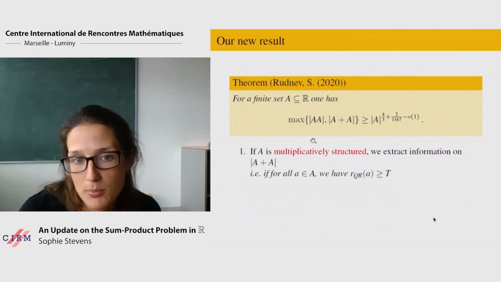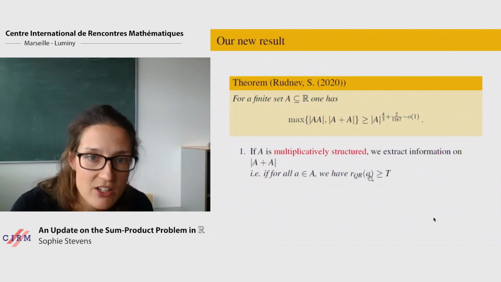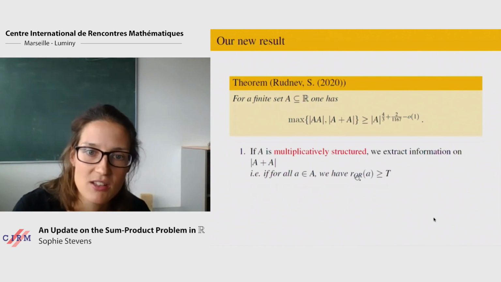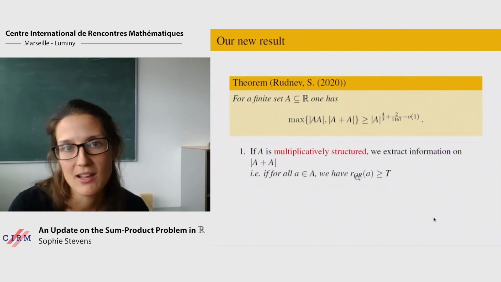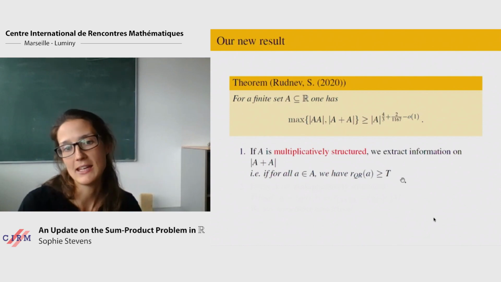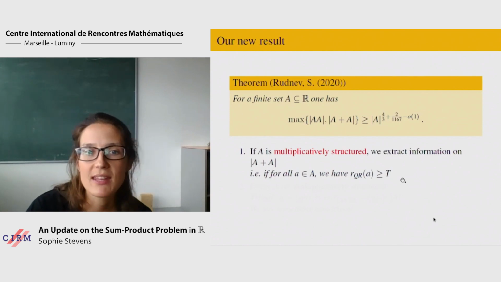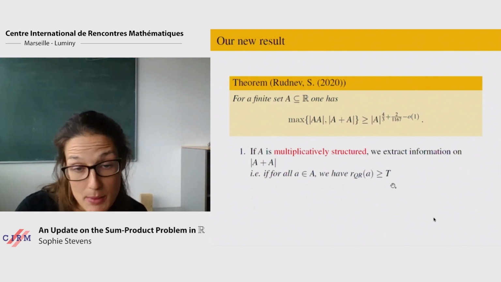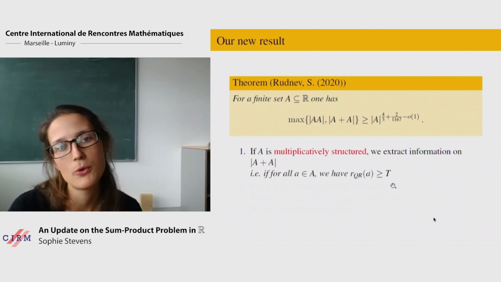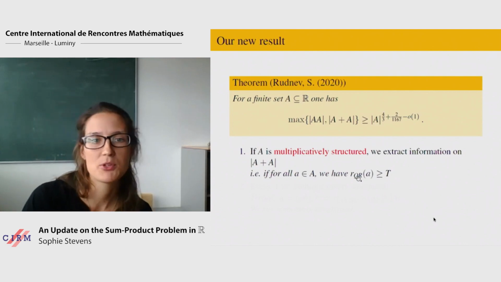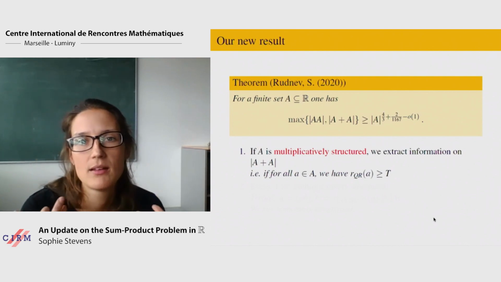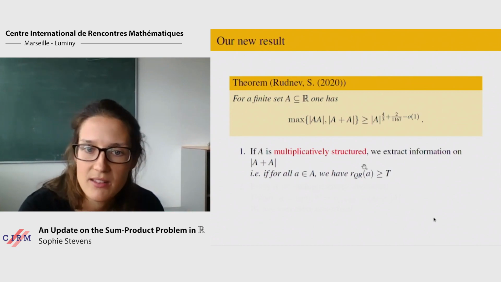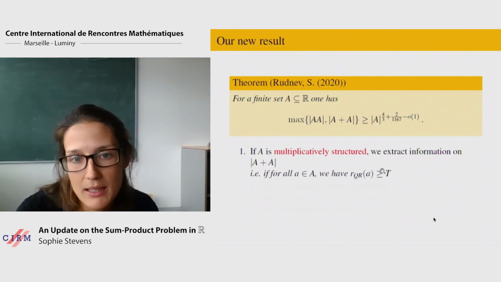So I'm going to say that A is multiplicatively structured if the number of representations of any element of A as a product of an element of Q and an element of R is at least T. In this game, we'd like this number T to be very large, as large as possible. And we can capture A multiplicatively in some quite small sets. So we like the sizes of Q and R to be small, and we'd like T to be large.